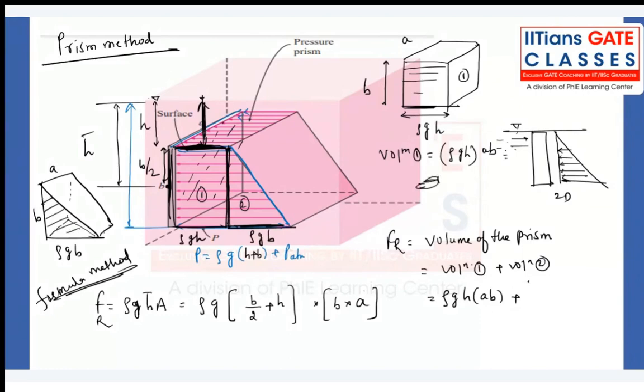Half of base into height into the perpendicular dimension: rho g into B into B into A. So what is the total value? Rho g H into AB plus half of rho g B into B into A. So what will I be getting?